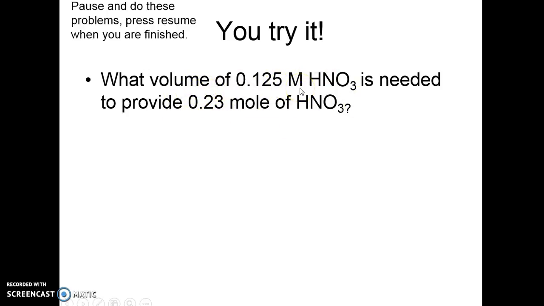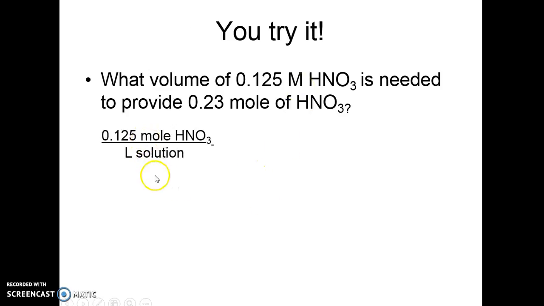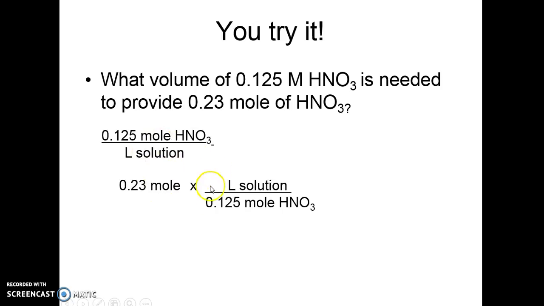Molarity is given, so I use that as a conversion factor. So there's my conversion factor, and here's my starting point. Now let me think through the units. It says what volume, so I need liter. What's my unit sequence? It's going to be going mole to liter directly. So it's a one-step problem. I just flip it over, and I see moles cancel out, and I get 1.8 liters of solution.